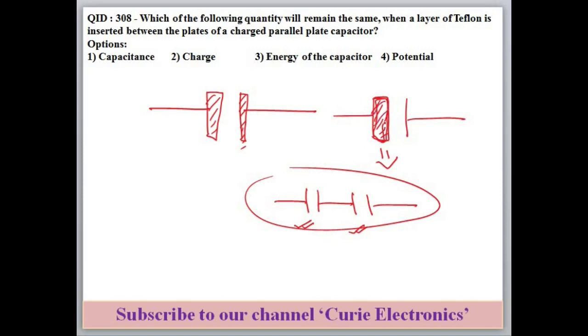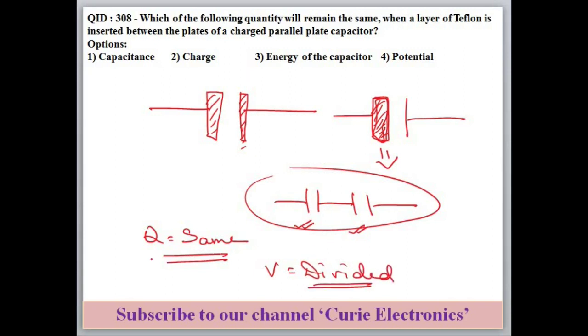Now both capacitors will be in series, and in series what will be the same? Q. Q is the same in series connection and V is divided. That is the basic rule of series connection of capacitors. So here they are asking which will remain the same. Charge.